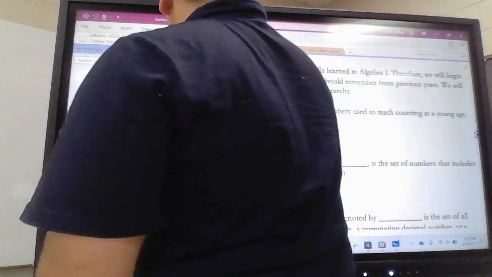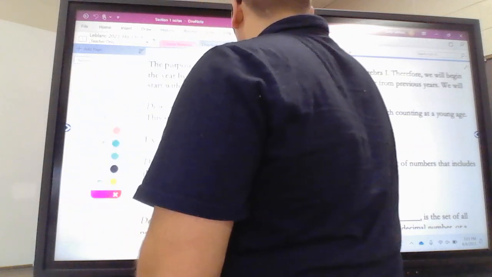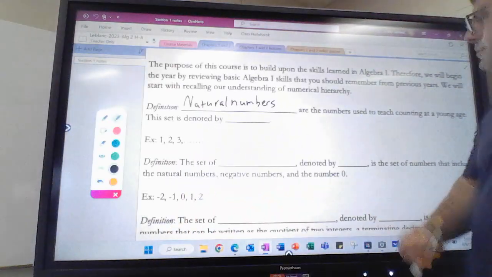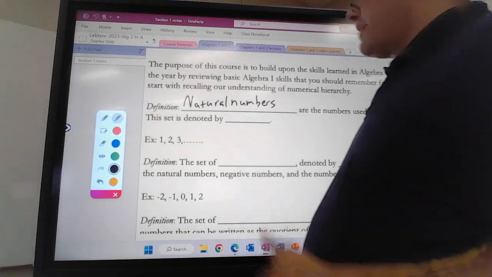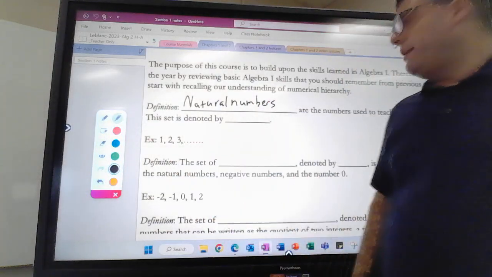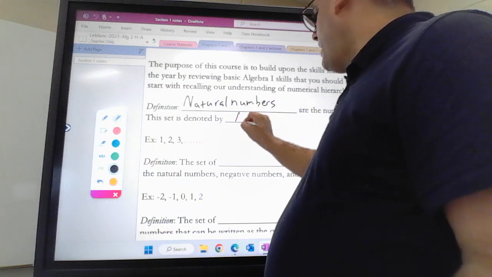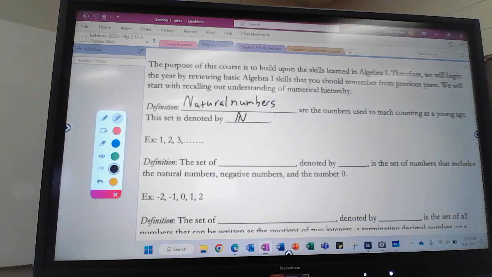These are called natural numbers. So natural numbers are the numbers that we begin counting with at a young age, like 1, 2, or 3. This set is denoted by this little double N, so this little N with the tail on the inside.